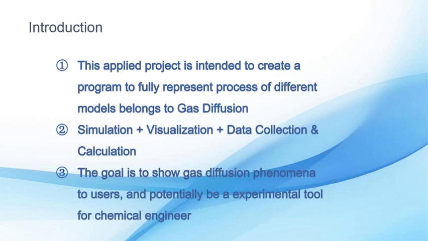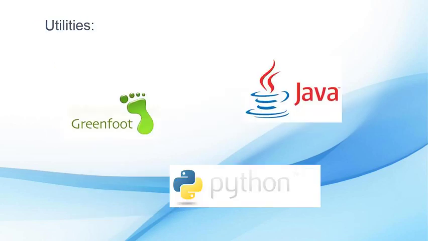The utilities I'm using, the primary one is GreenFood. It is a free open source game engine developed to address Java code and also some embedded functionalities for visual UI.